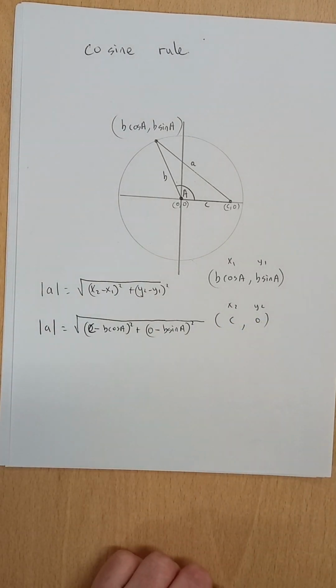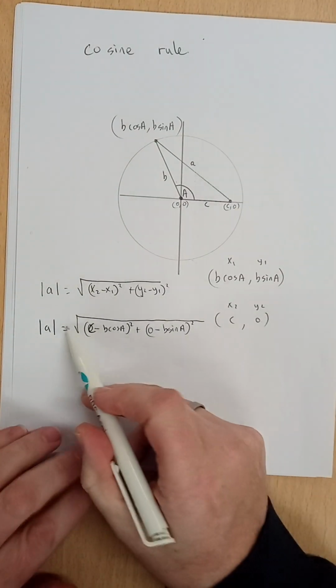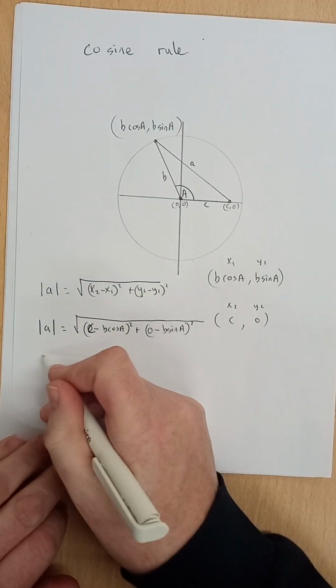That looks really scary, but don't worry, it's not going to be scary. The first thing I'm going to do is get rid of the square root by squaring both sides.